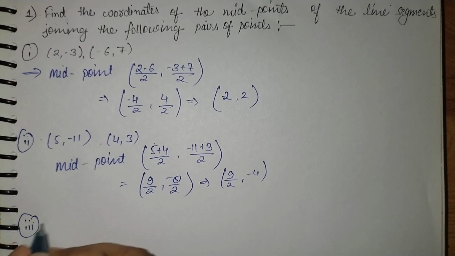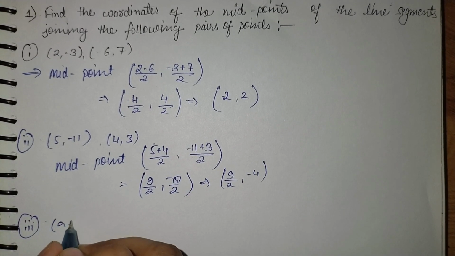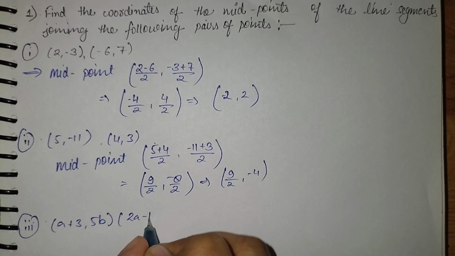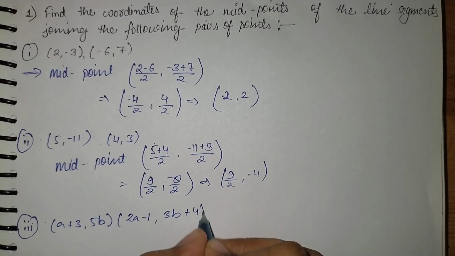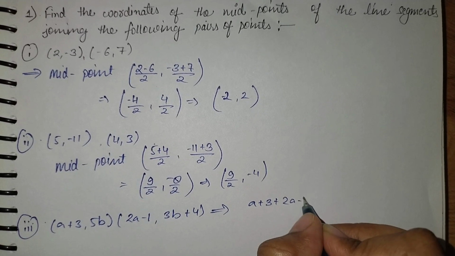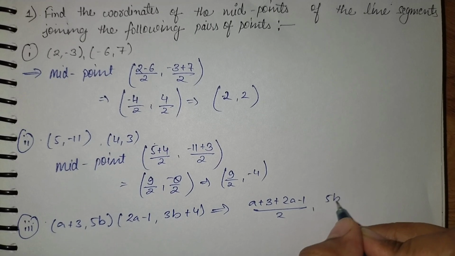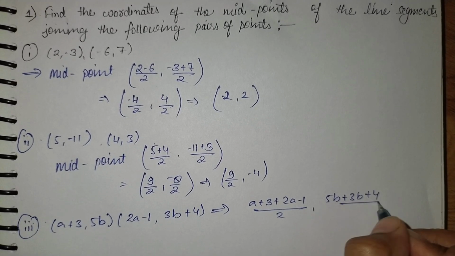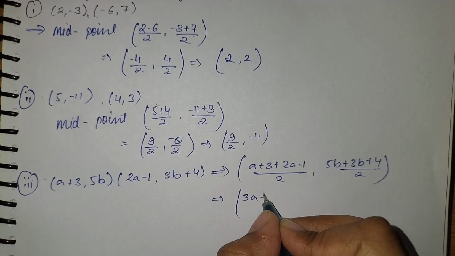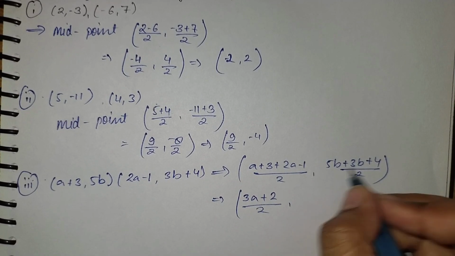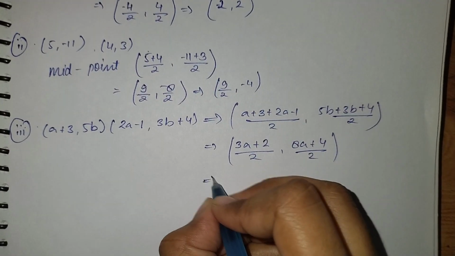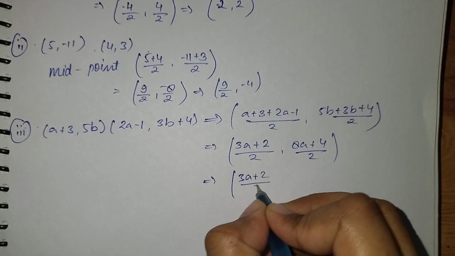Now the third part is we have to find the midpoint of (a plus 3 comma 5b) and (2a minus 1 comma 3b plus 4). That is equal to (a plus 3 plus 2a minus 1) upon 2 comma (5b plus 3b plus 4) upon 2. On solving, that will become (3a plus 2) upon 2 comma (8b plus 4) divided by 2.